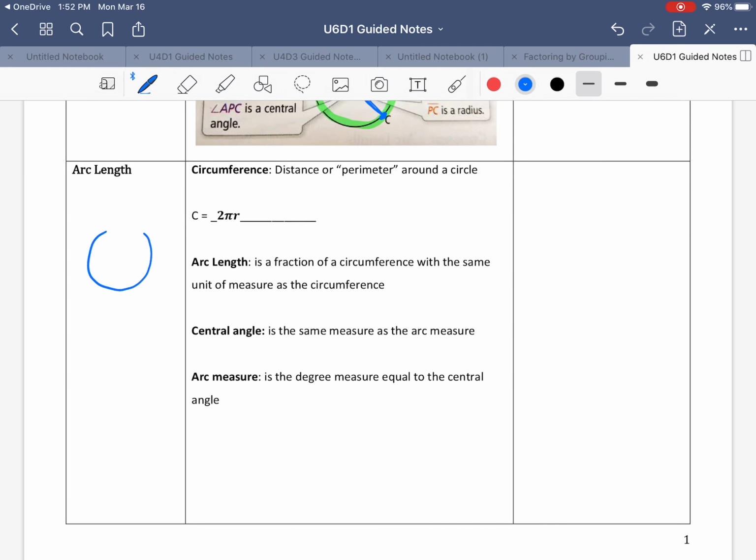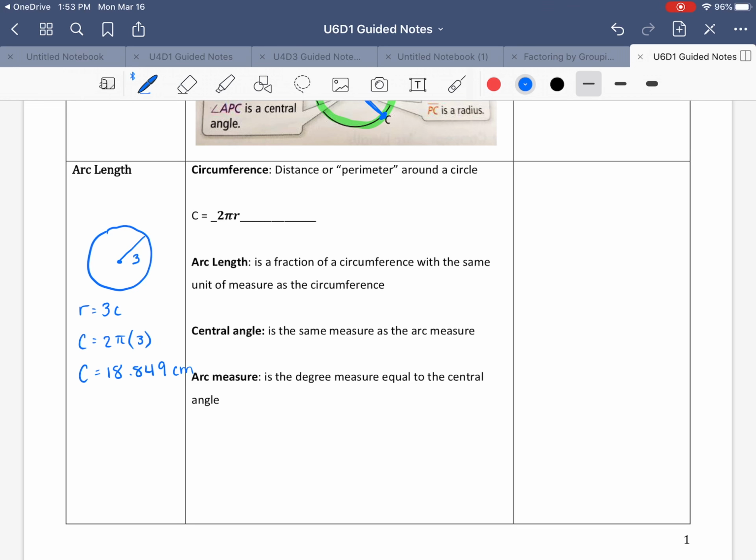So if we have a circle over here, right, and we know that this radius is 3, we can use our circumference equation to find what the circumference is. 2 times pi times r, which in this case is 3, and you end up with a circumference of 18.849.